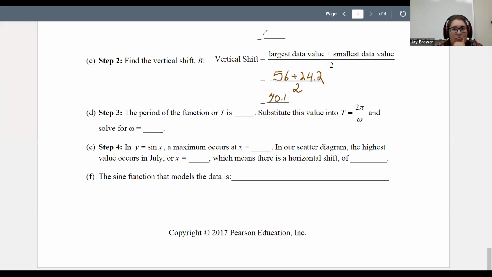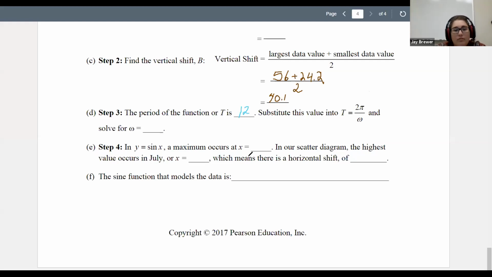Okay. So the next thing we're going to look at is the period. What do you know about the period for a year? What do you think the period is for a year? If you guys were to take a guess. 365 days. Close. I mean, that's equivalent. They're going to go with 12 months.